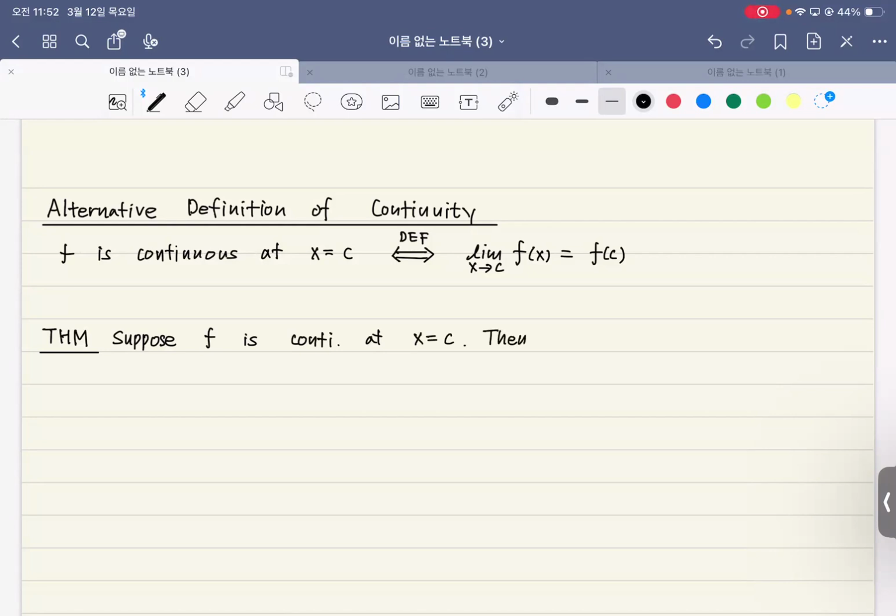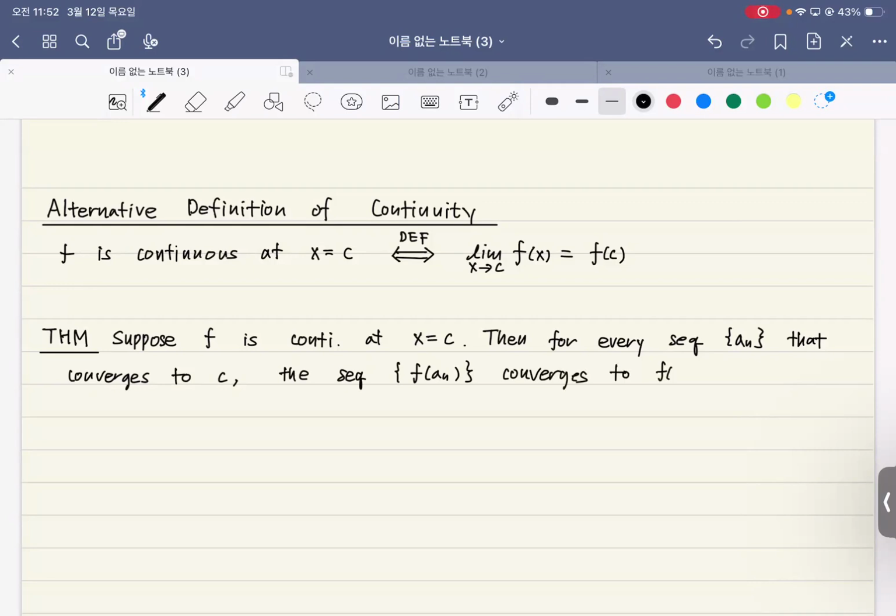Then for every sequence a_n that converges to c, the sequence f(a_n) converges to f(c).